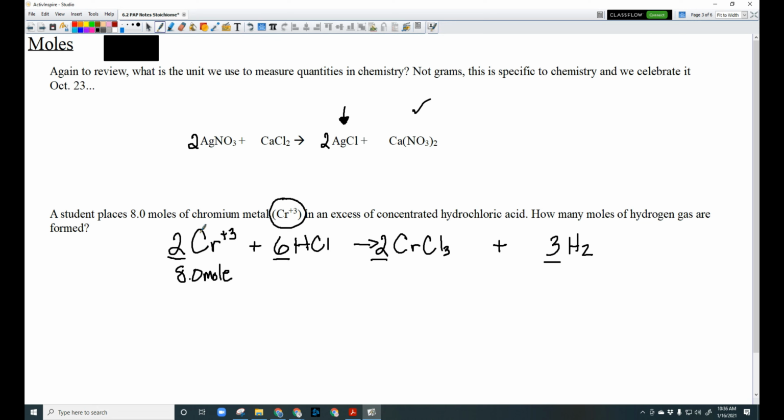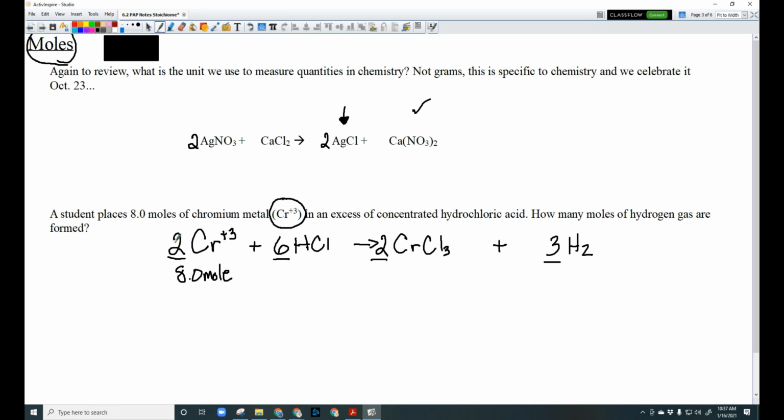We need 2 chromiums. Up to this point, we just have been saying we need 2 chromiums, but this really is an amount of chromium. If we remember, amounts in chemistry are indicated as moles.